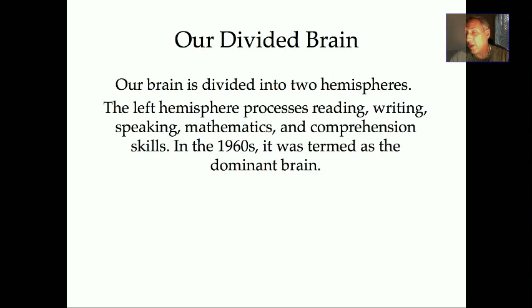Okay, so in the 1960s it was termed the dominant brain. That's because that's how our society operated. And if you fell outside of those skills, you weren't catered to. Well, even today, that probably holds true. Art and music are not core subjects for everybody. Okay, but I would argue that they should be.